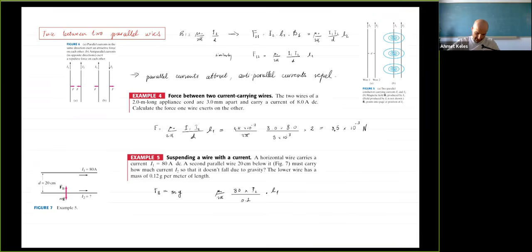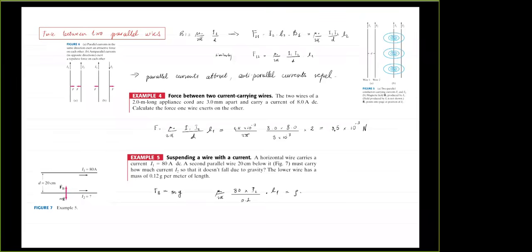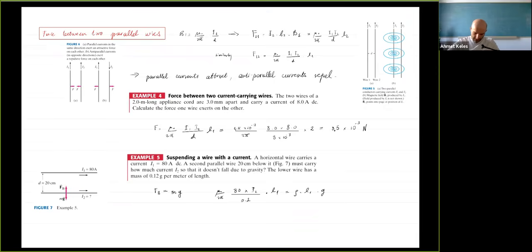I will write L1, and this should be equal to mg. The mass is some density times L1, times g. So that's why I don't need to know L1. Good.